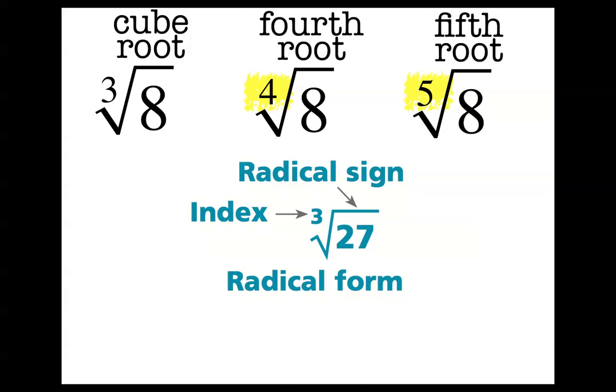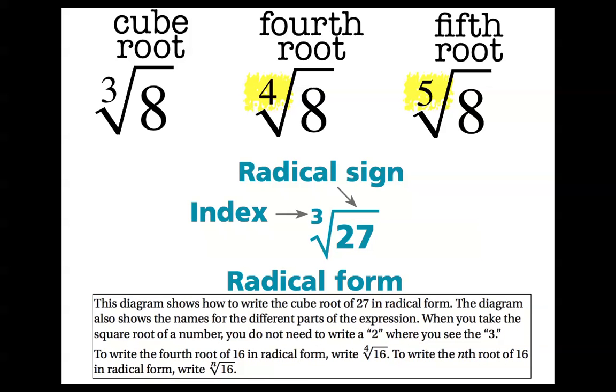You can unfifth something or unfourth something. Okay, that number above the radical is called an index. And if you want to pause this video and read this little paragraph, you can. But what it basically says is you can do square roots or cube roots or fourth roots or fifth roots, and that index tells you which kind of a root you're doing. And if you're just doing a square root of a number, you don't have to write the little 2, because if there's no number there, we just assume it's a square root.